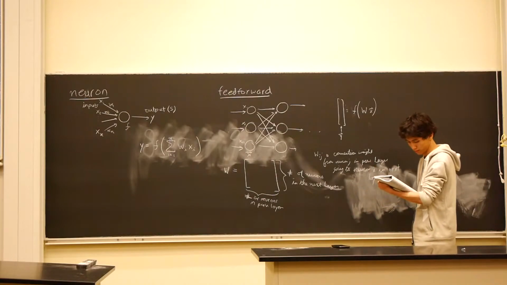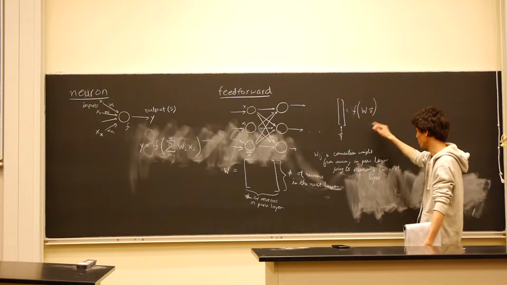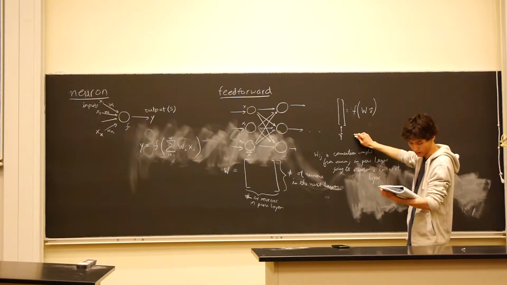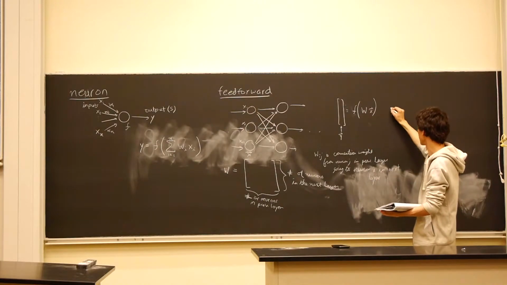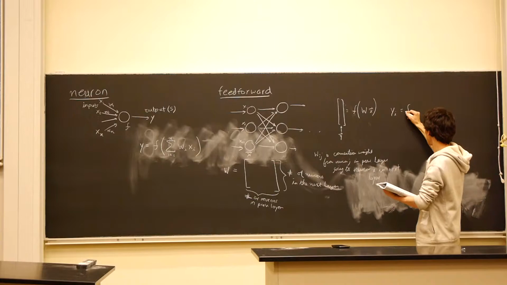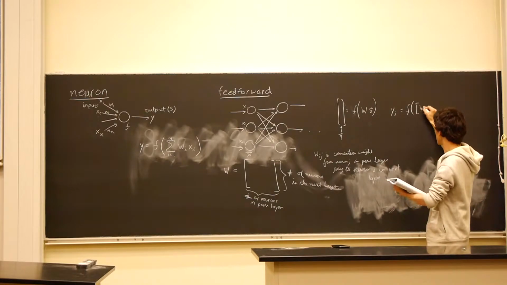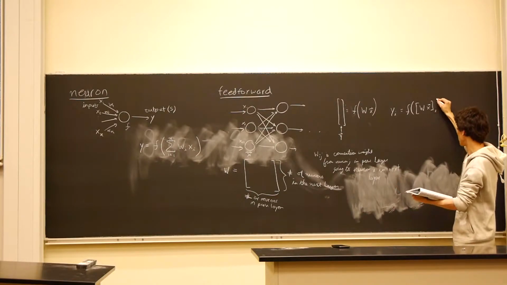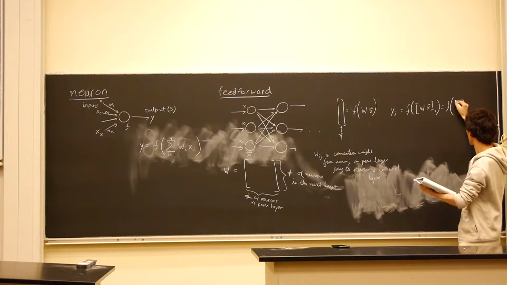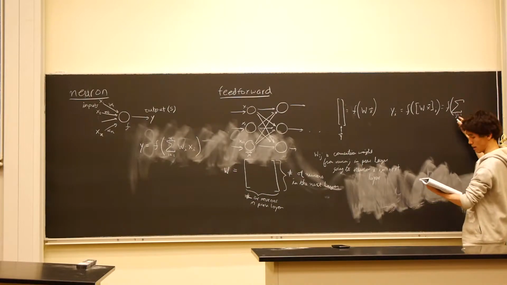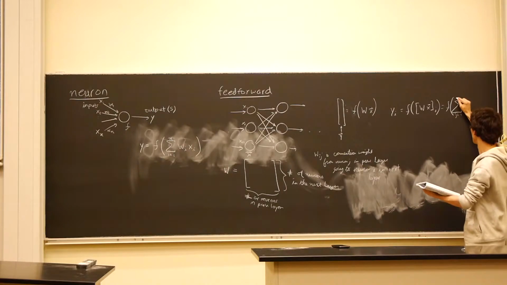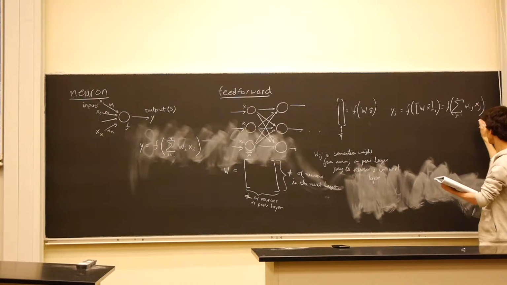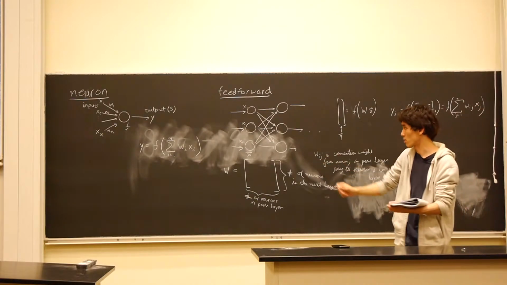This is equivalent because if I take the ith value of y, this is equal to f of Wx, taking the ith element of that vector, which is the same thing as expanding the matrix multiplication. And that's exactly the same thing as we had there.